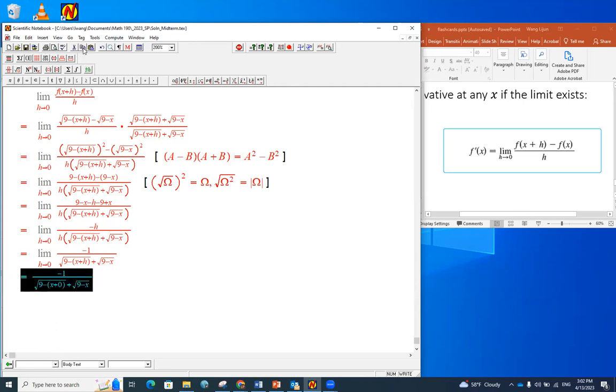So in the end, 0 is gone, and we have negative 1 over 2 times the square root of 9 minus x. That's the answer. Of course, we have finished. I hope it's under 2 hours. So that's the answer.